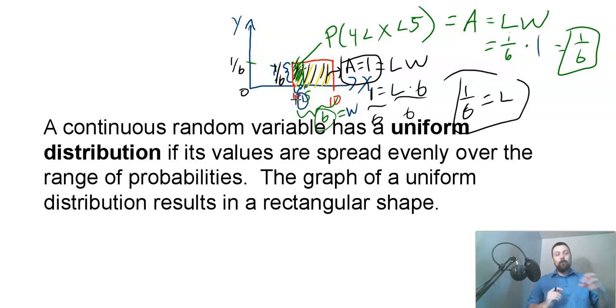So when we're randomly picking a number between 4 and 10 from this uniform distribution, it's like throwing a dart at it. To find the corresponding probability that it's between any two given numbers, it's equal to the proportion of the area that space takes up out of the total area, just like it would be if you're throwing a dart at it. So that's how the uniform distribution works.